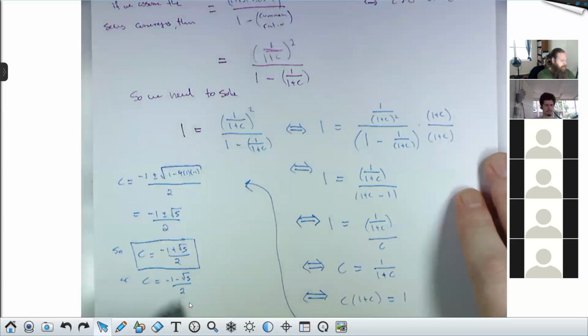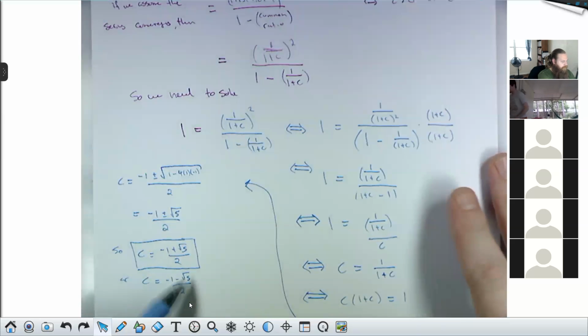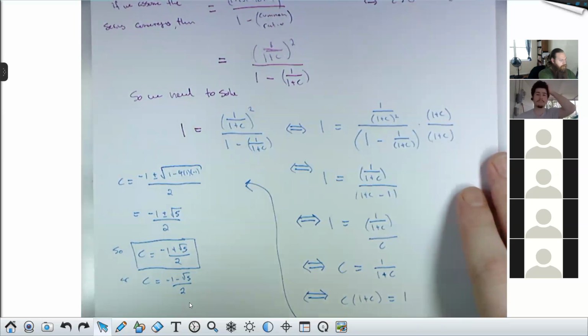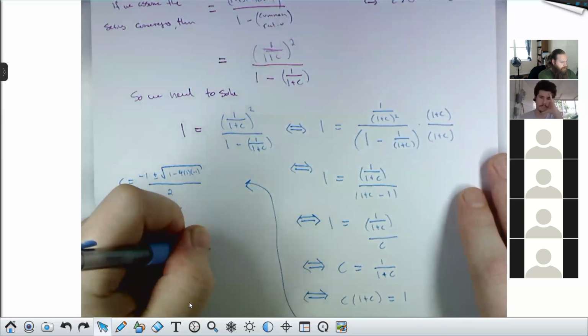This guy is going to be negative, but is it more negative than -2? I don't think so. So root 5, let's just pretend like that's a little bit bigger than root 4, which it is. Then that would be 2. So this would be -1 minus 2 is -3 over 2, which is not less than -2. So I think this one is greater than 0.